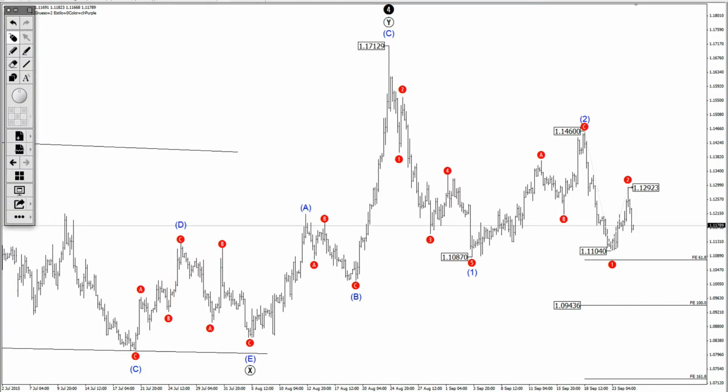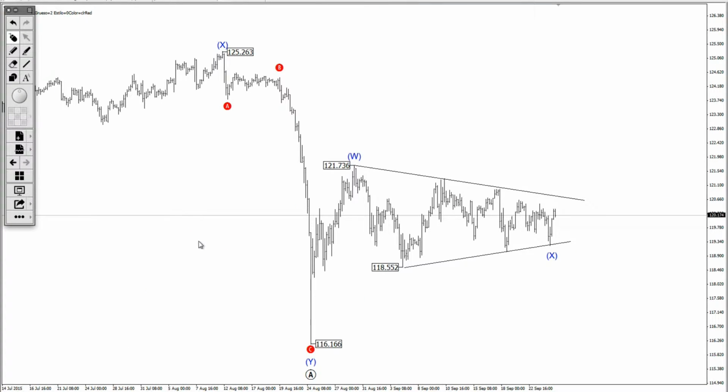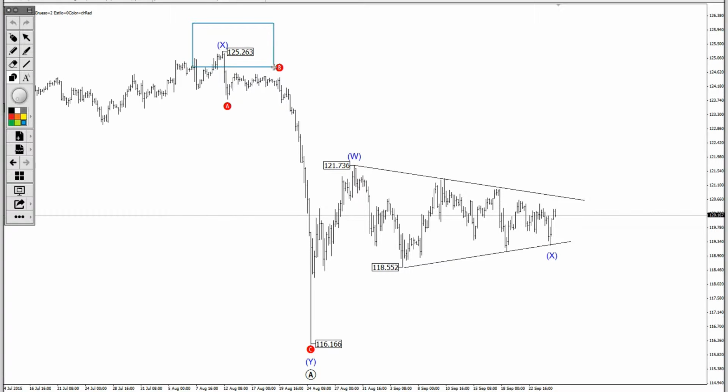Next we can move to dollar yen, and I have made a revision on the charts in dollar yen. This triangle formation did not suit my wave count before, and if we look at the chart now, there's a Minuet Wave X at the 125 peak right here.